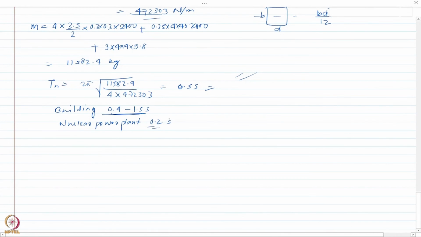Or you could have a very flexible structure like a suspension bridge, which could have, depending upon which direction you are considering, a time period of even 7 to 8 seconds in one direction, or 3 to 4 seconds.